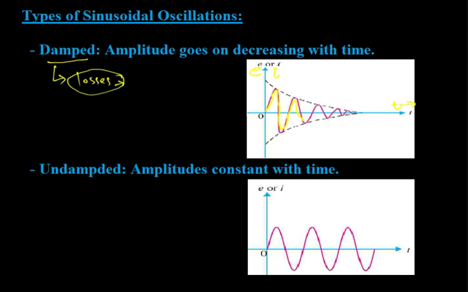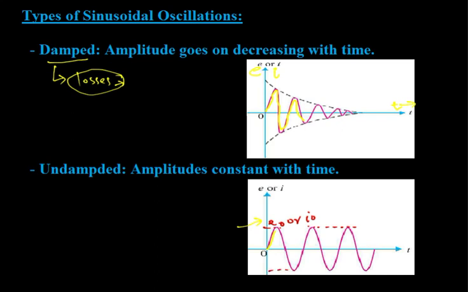Now let's consider another type of oscillation, that is, the undamped oscillations. Undamped means the amplitude remains constant and does not change with respect to time. If we consider this diagram, you can see that the x-axis is the time and the y-axis is the EMF or current, and the output waveform will always have a constant E0 or I0, constant voltage or current.